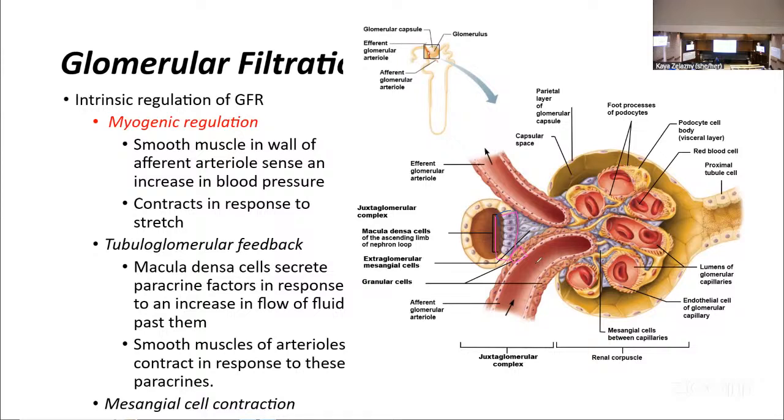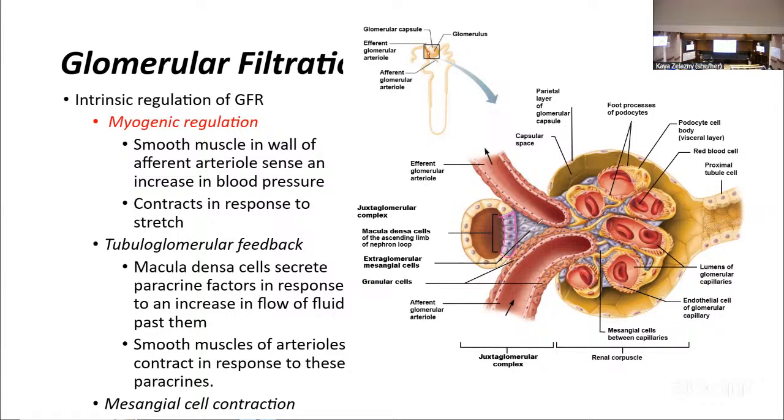The final piece of our intrinsic regulation is mesangial cell contraction. Okay. I want you to notice those purple cells; the macula densa cells are not all of them. The macula densa cells here were the ones right here as part of the tubule, as part of this ascending nephron loop.